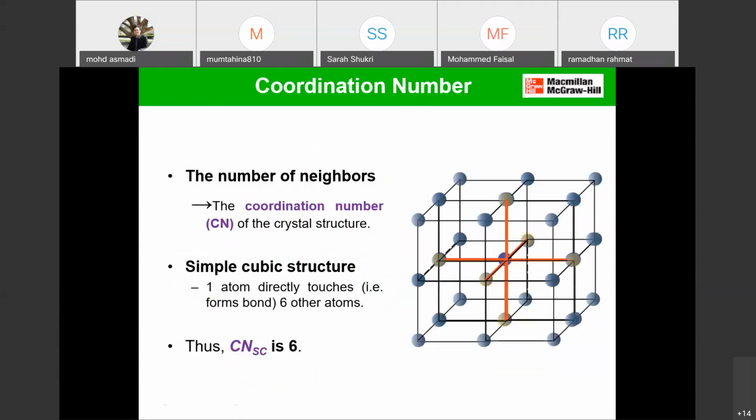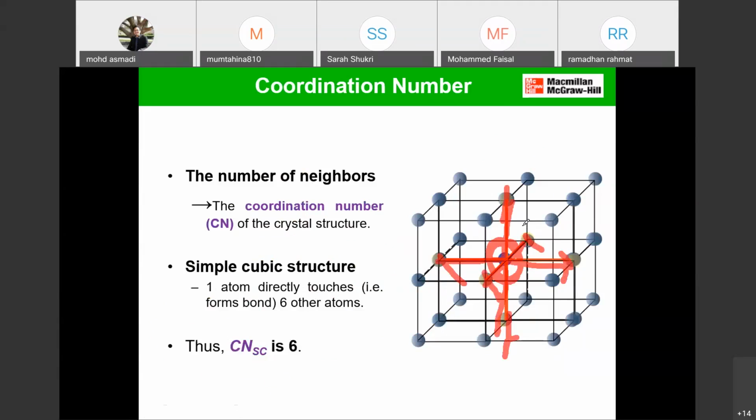The definition of the coordination number of a crystal structure is the number of neighbors. If you look at the cubic here, the neighbor atoms, how many do they have? 1, 2, 3, 4, 5, 6. So one atom directly touches 6 other atoms.